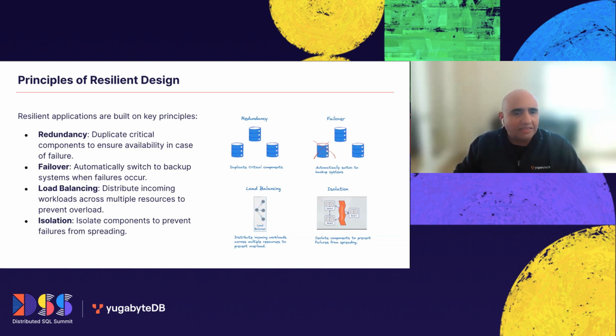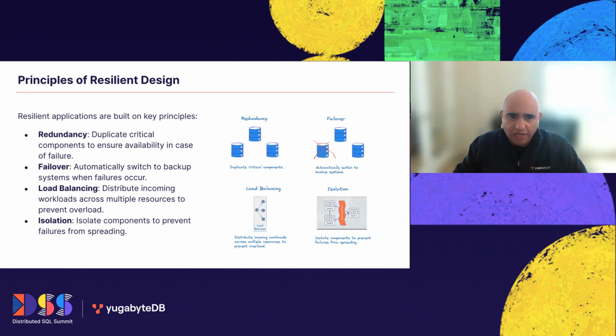Number 3, load balancing. Picture a well-organized traffic cop directing vehicles at a busy intersection. Load balancing is similar. It distributes incoming workloads evenly across multiple resources, preventing any single resource from being overwhelmed. It's like ensuring every lane of traffic moves smoothly.